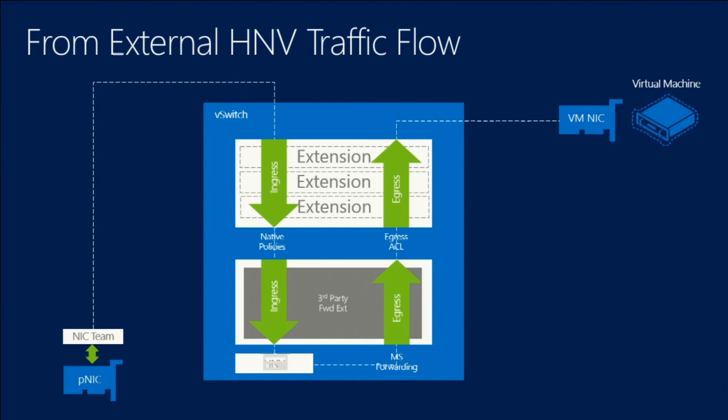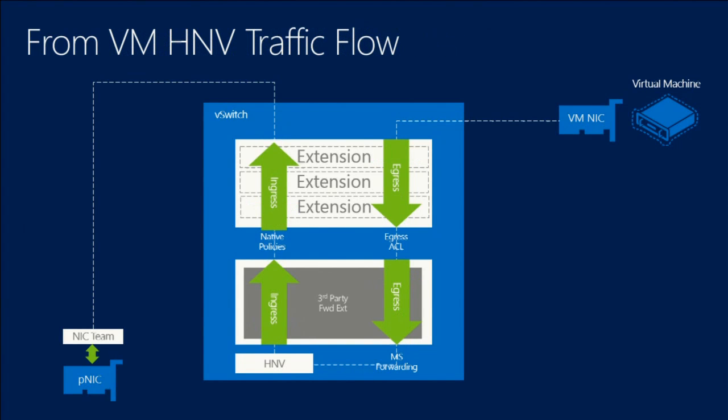So we send the packet to the switch extension, and give the third-party switch extension the ability to look at the provider's address. And then HMV will process it. The HMV will, for example, remove the header, and then forward the packet to the VM. And when we forward the packet to the VM, again, the packet will go through the switch extension. This time, the switch extension will see the customer address because HMV has already removed the outer header.